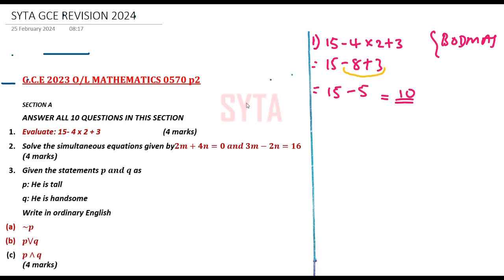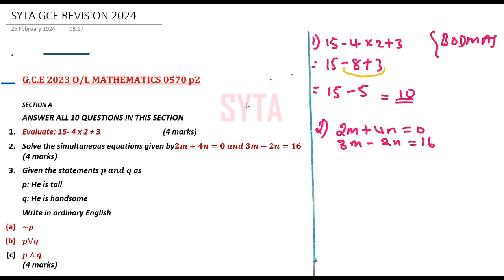Good. Question number 2, we have to solve the simultaneous equations 2m plus 4n equal to 0, and 3m minus 2n equal to 16. There are several methods. They did not specify any method for us to use, so we can use any method of our choice. Here I will prefer to use the elimination method.